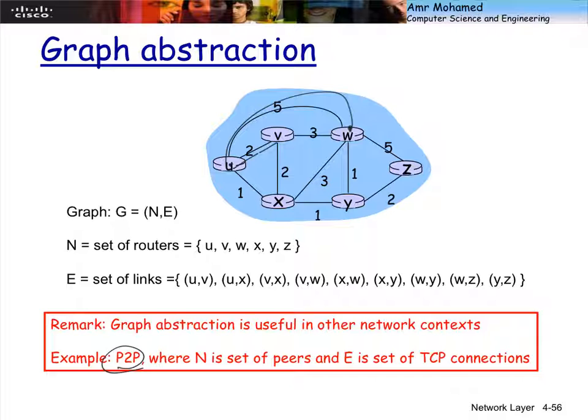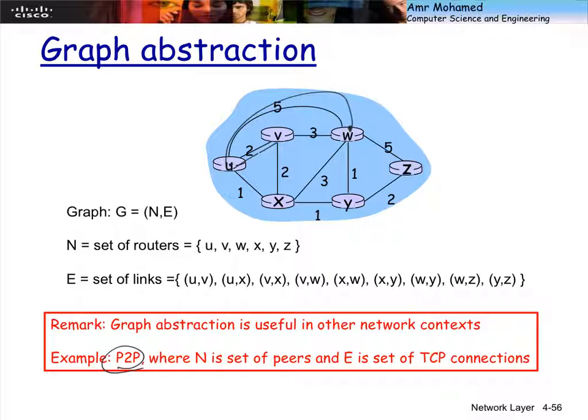Each peer is a node, and when one peer sends to another peer, that's an edge. This way we ignore all the underlying topology of the network, so we have just connections between peers.